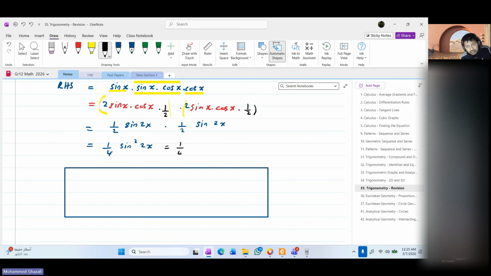This is the same thing as saying a quarter into sine 2x all squared. How can I get sine 2x? To get sine 2x, let me expand. I need to put sine 2x in terms of cos. That's where the problem is.